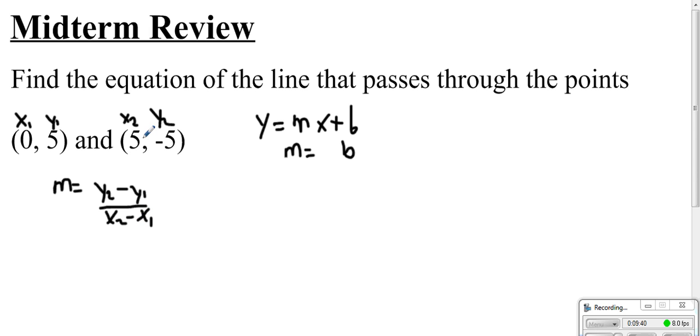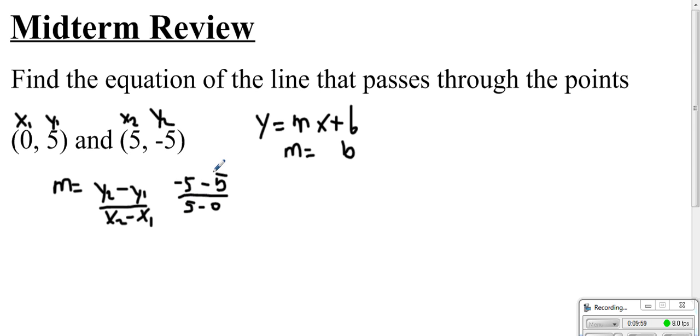Now all you have to do is substitute, because you already labeled. So y2 is negative 5 minus y1 is 5. x2 is 5. x1 is 0.